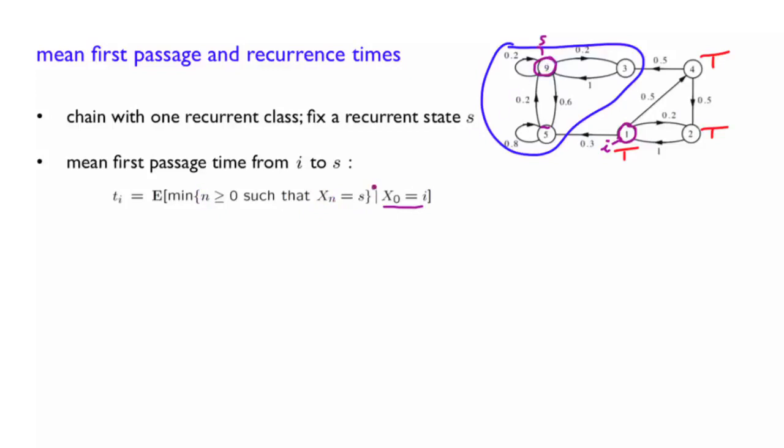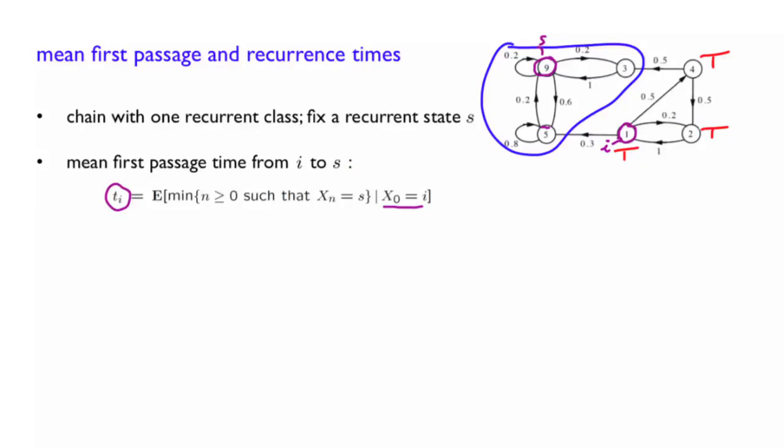So out of this set, you are looking at the minimum n that verifies that. So this is going to be a random variable, and you take the expected value of that. And this is what we call the mean first passage time from I to S. Again, this is the expected number of steps in order to get from I to S for the first time.